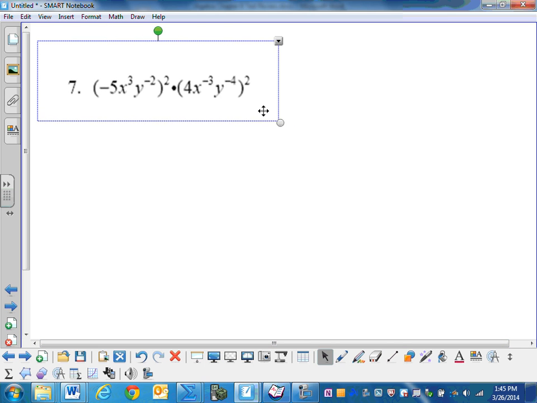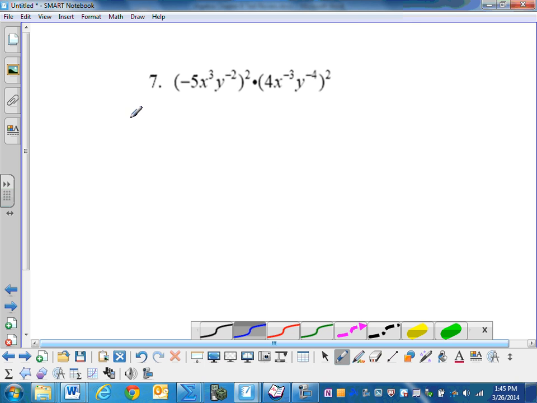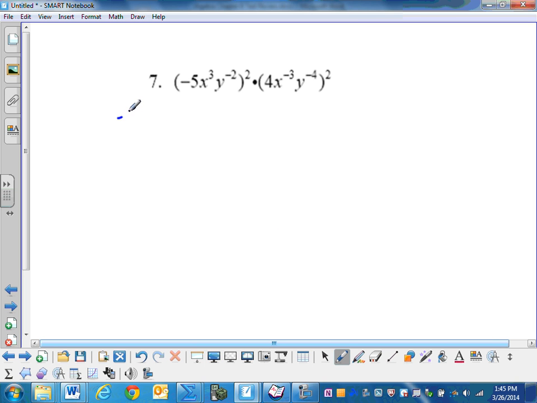First step, we're going to raise everything to the 2nd power and get rid of the parentheses, so we have a negative 5 squared, x to the 6, y to the negative 4, 4 squared, x to the negative 6, y to the negative 8.